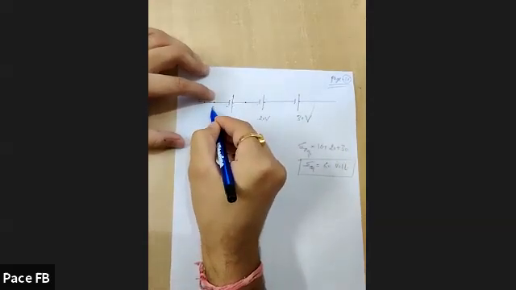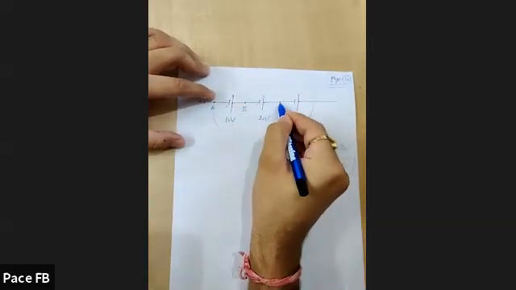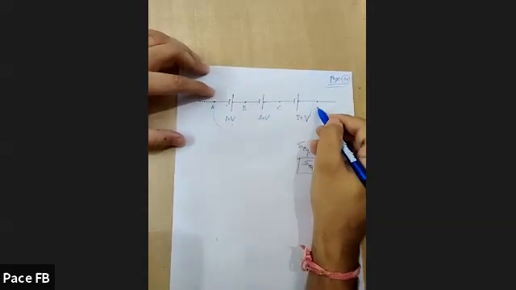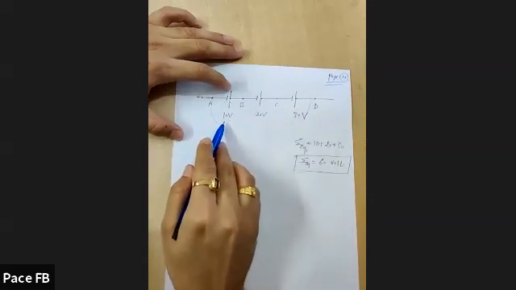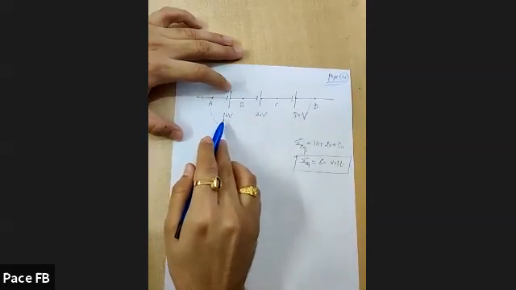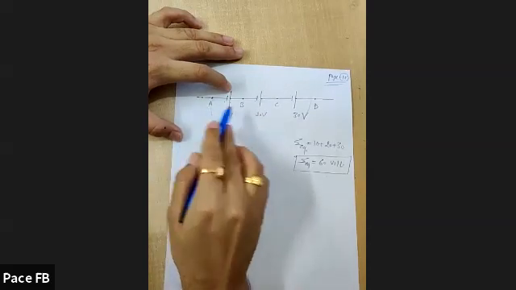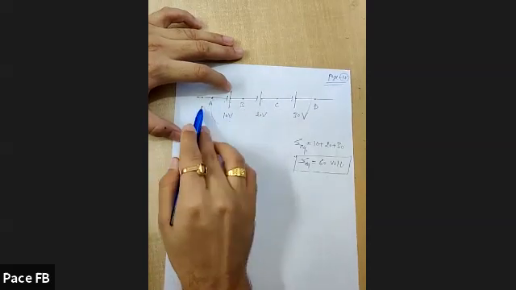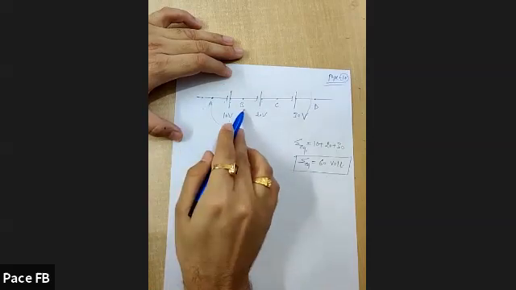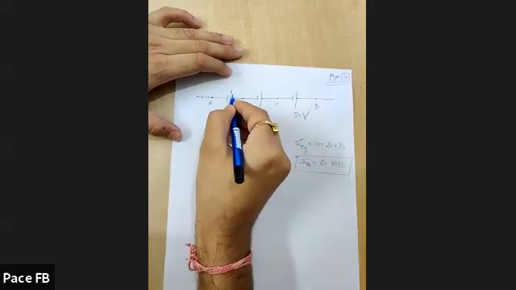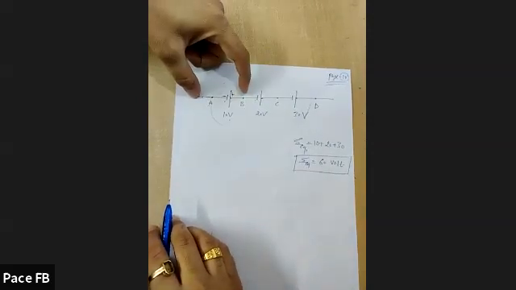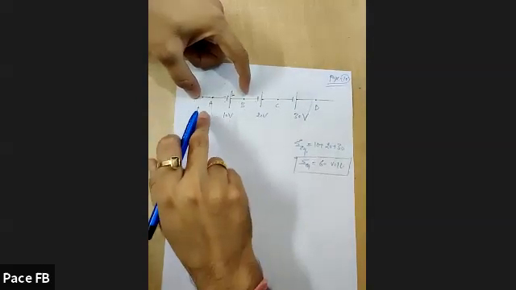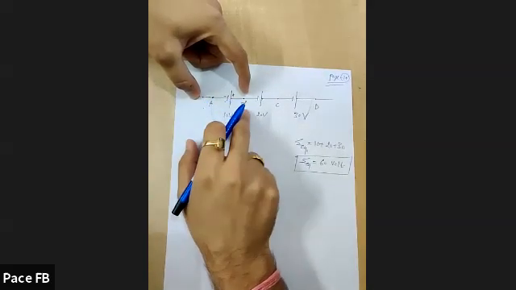Let's say this point is A, this point is B, this point is C, and this point is D. So if I go and talk to this battery 1, this battery will tell me I have got 2 terminal points, one is A, one is B. A is at lower potential, B is at higher potential. Why? Because B is connected with positive terminal, A is connected with negative terminal, and there is a potential difference of 10 volt across these 2 points.